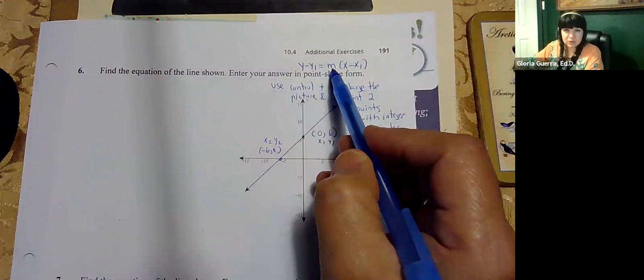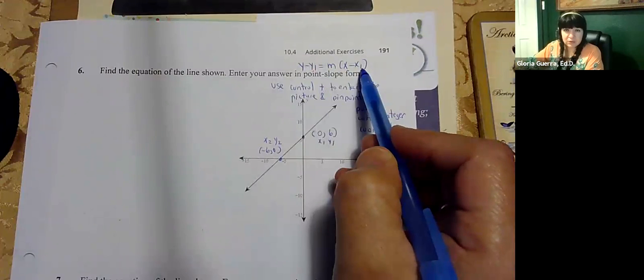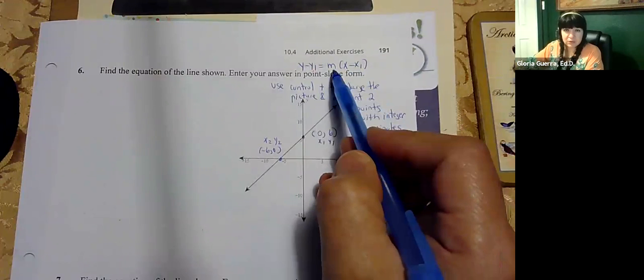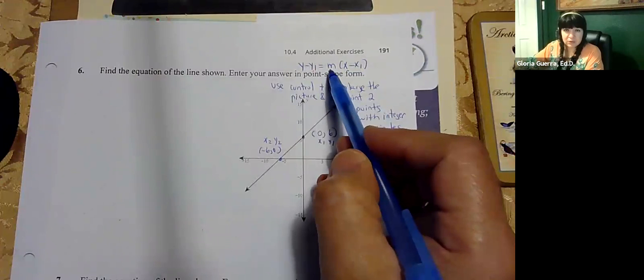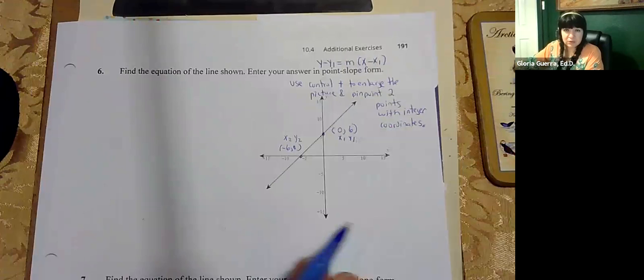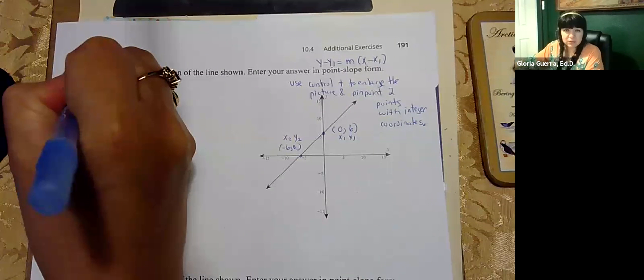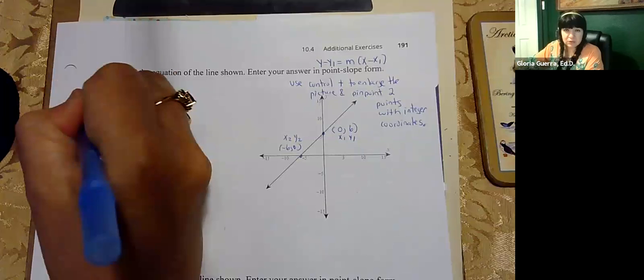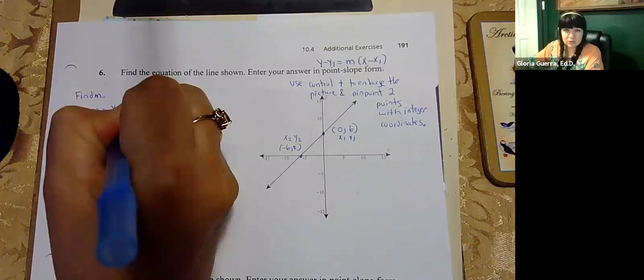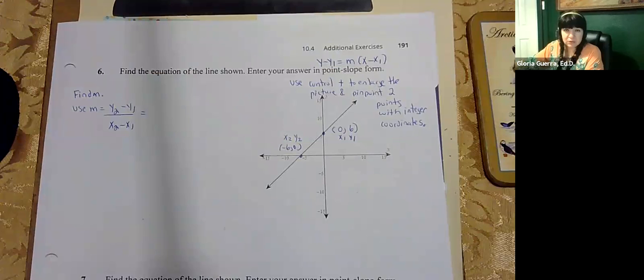So you do know you need to find m. We're going to use y2 minus y1 over x2 minus x1. Okay, so go ahead and substitute your values into m. I'll give you a minute to do that.